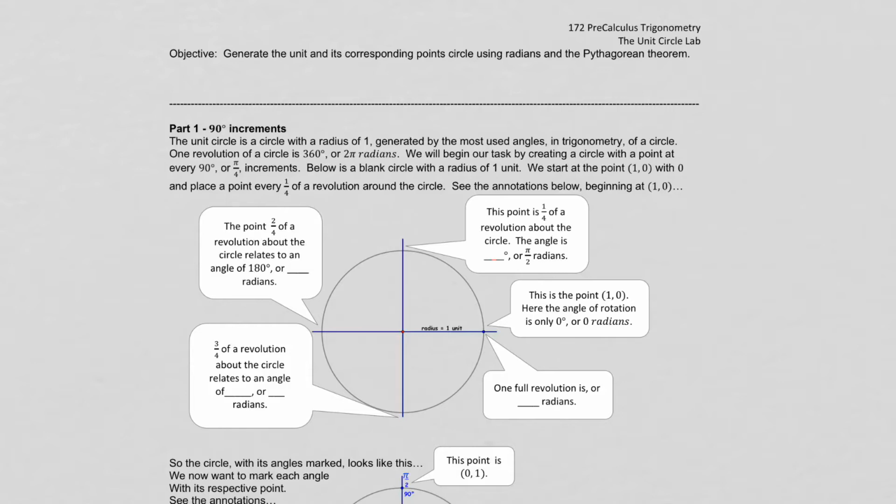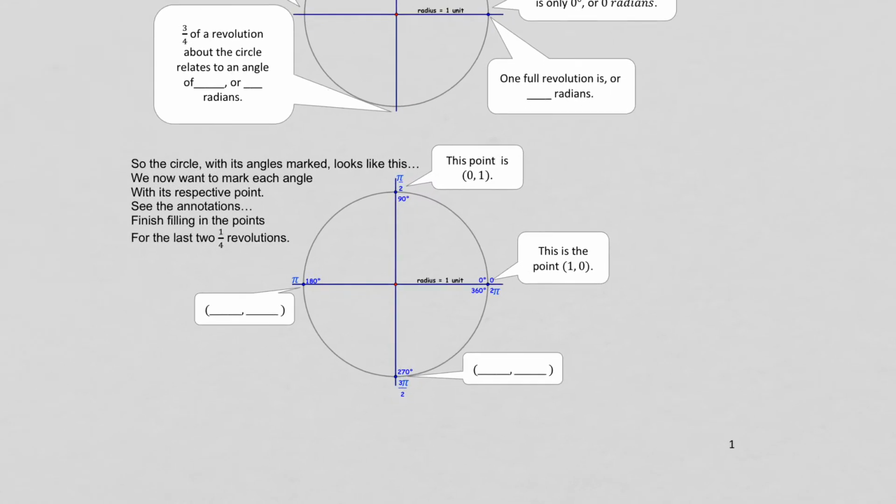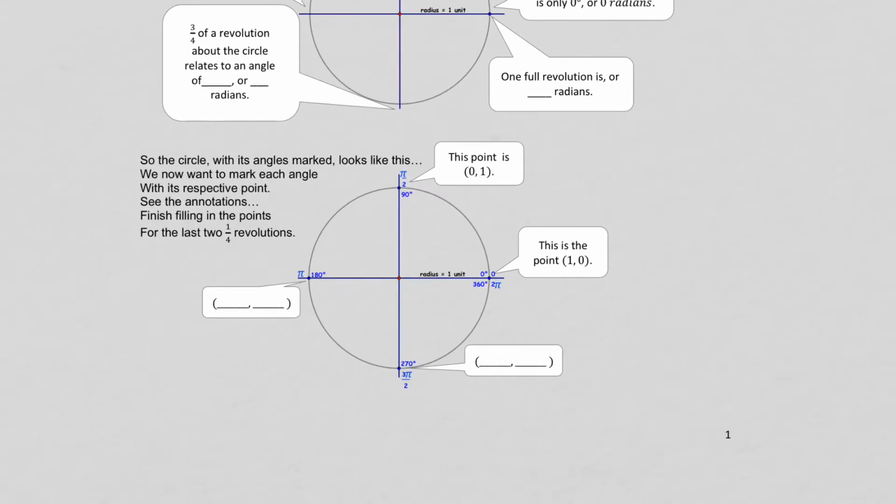So, for every 90 degrees or pi over 2, I just see that. That should be a 2 right there. We'll have to fix that. Okay, so every pi over 2, we're starting with the point 1, 0 right here.